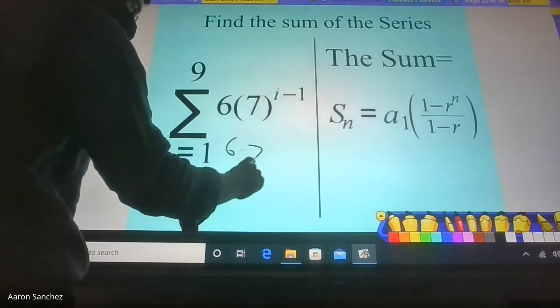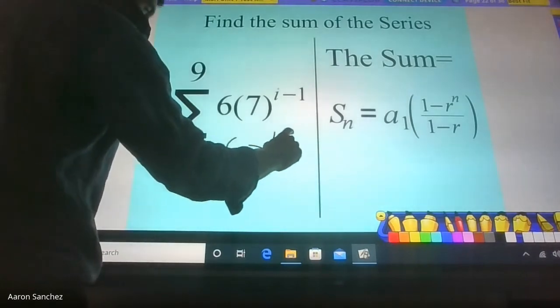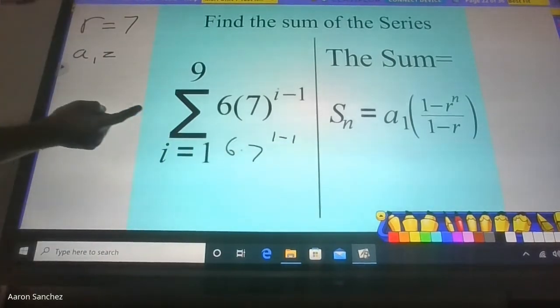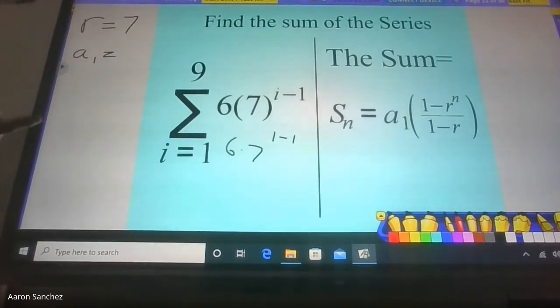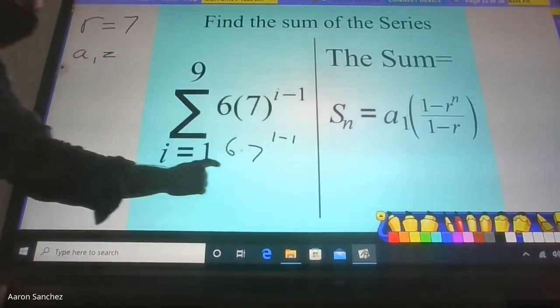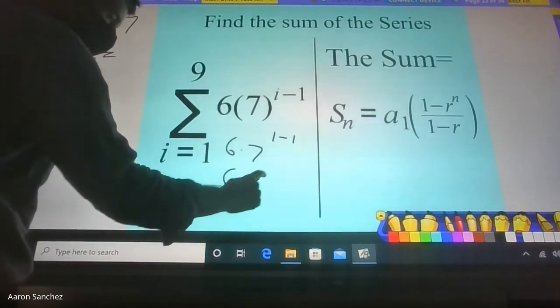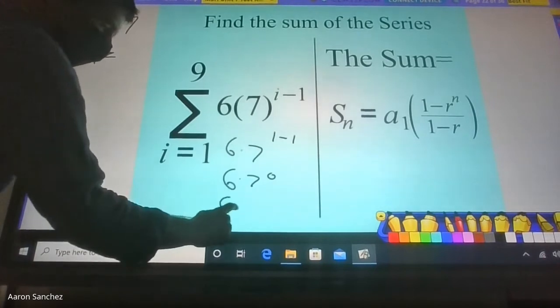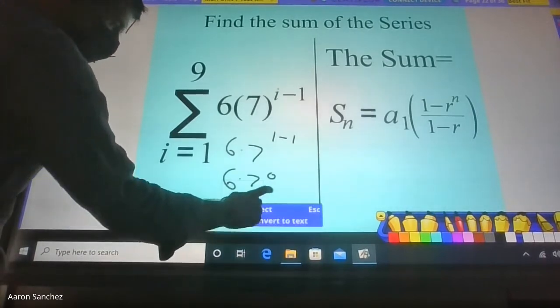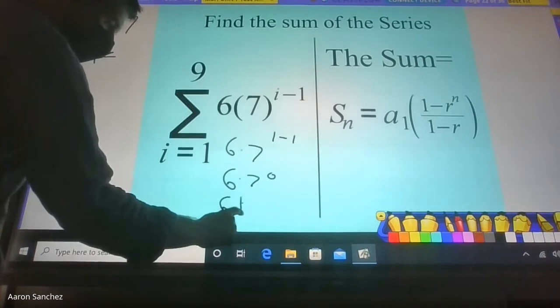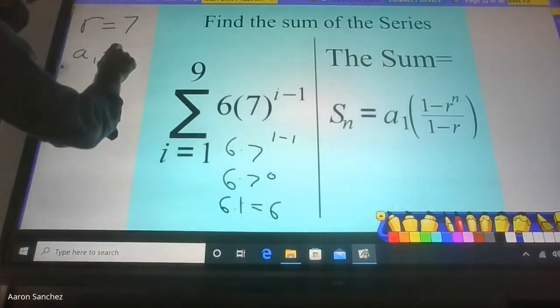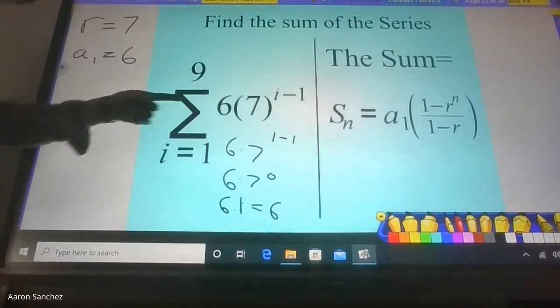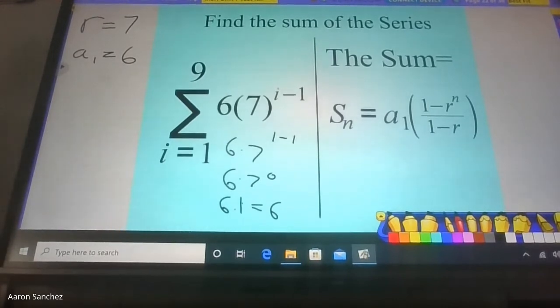What's 6 times 7 raised to the 1 minus 1? 1 minus 1 is 0. So that becomes 7 to the 0. What's 7 to the 0? 1. So 6 times 1 is, actually, you guys are right. That's 6, so that is a sub 1.